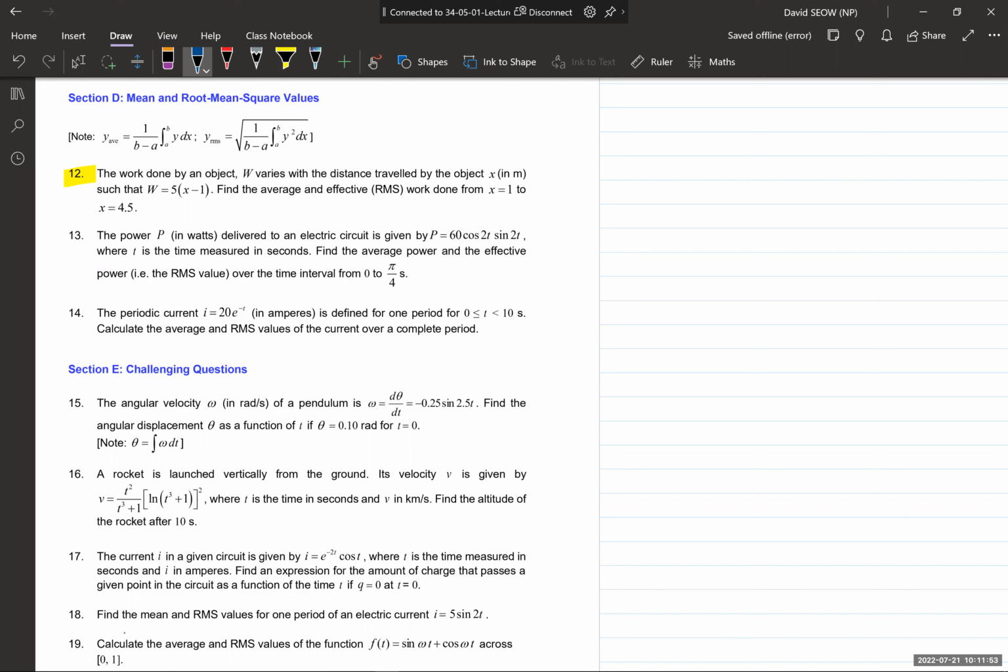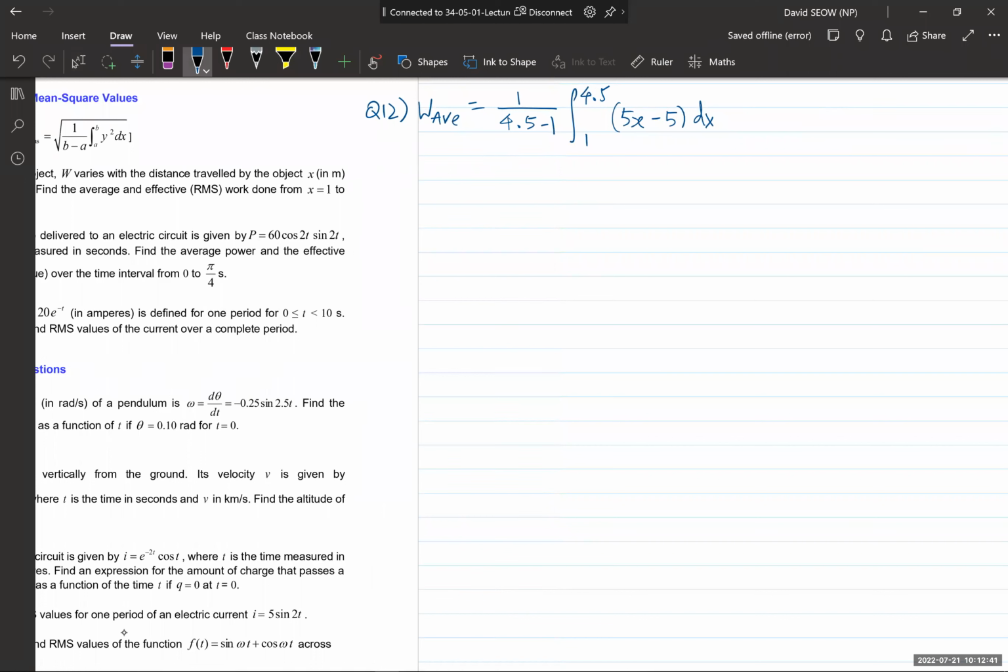Okay, so let's do this. For question 12, you can do it also, you don't have to look at my working. So the average will be from 1 to 4.5, right? 1 over 4.5 minus 1, integrate from 1 to 4.5, and the work done is 5x minus 5. So W equals 5x minus 5, so 1 over 3.5.